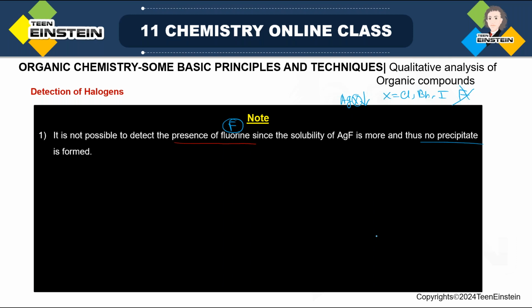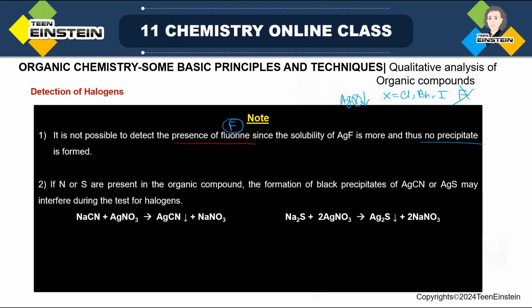Okay. And the second important note: suppose you already know that nitrogen or sulfur are present in the organic compound.